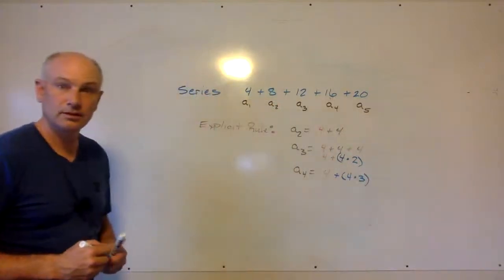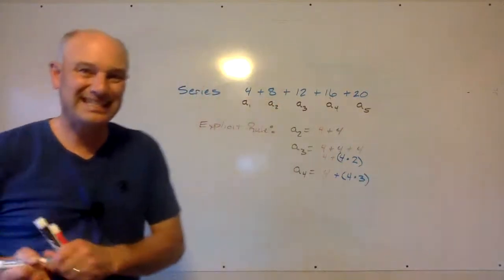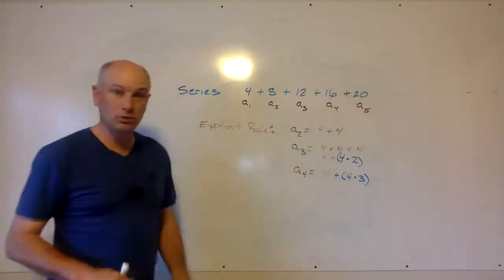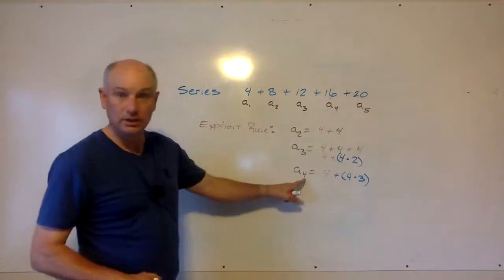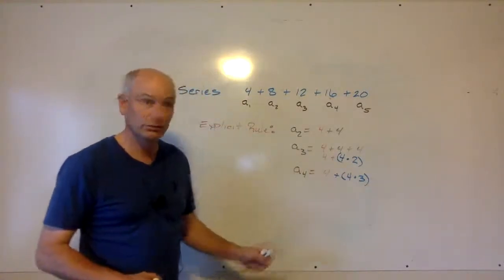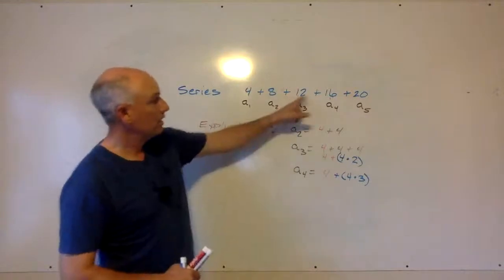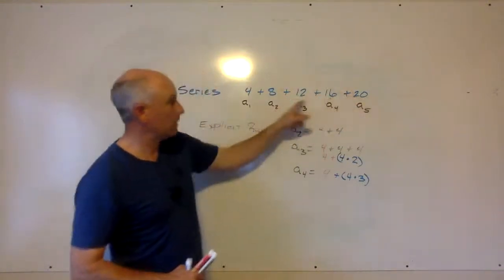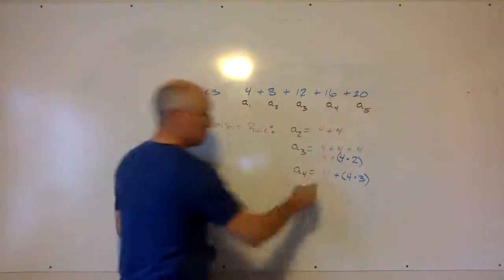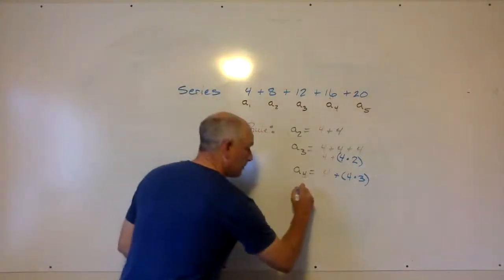All right? That should be enough for us to see the explicit pattern. Again, in an explicit rule, the term number is what's used to calculate the term value. Okay, so again, term values are the actual terms, the 12, the 16, the 20, and so forth. So let's go general rule, a sub n.